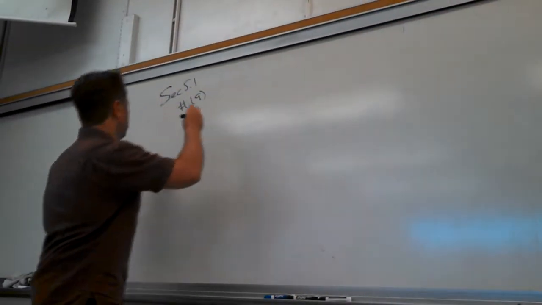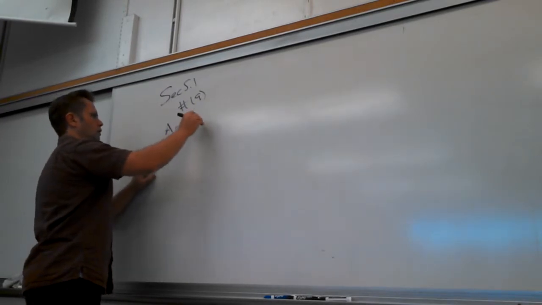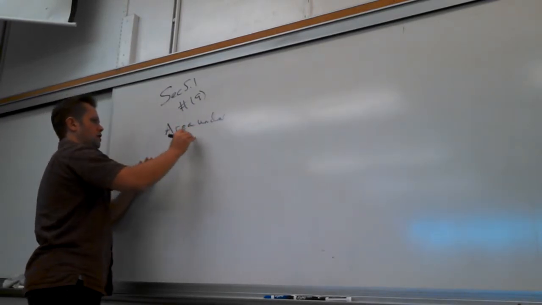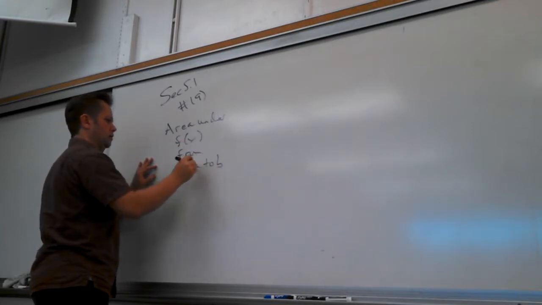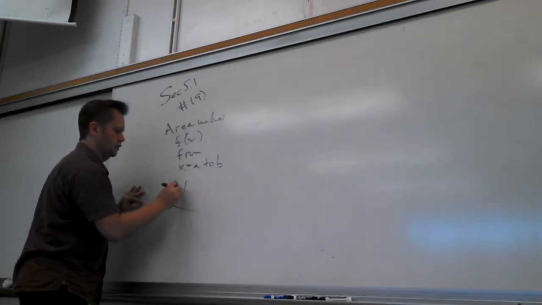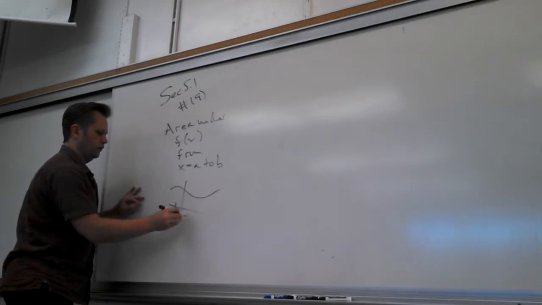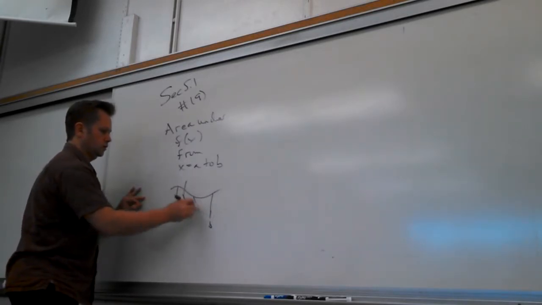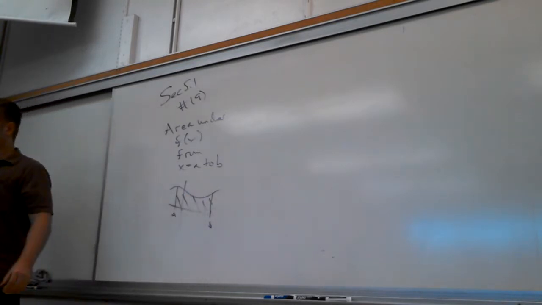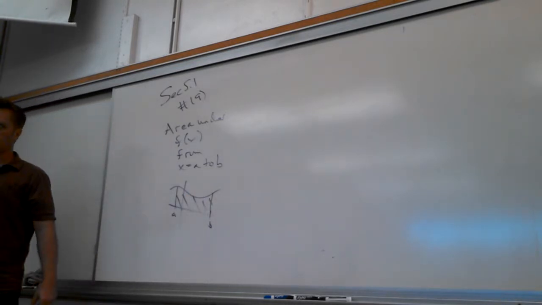The area under a function from x equal a to b. So I have some function, and I want to know the area from a to b. Okay. So that's what we're focusing our attention on at the beginning.